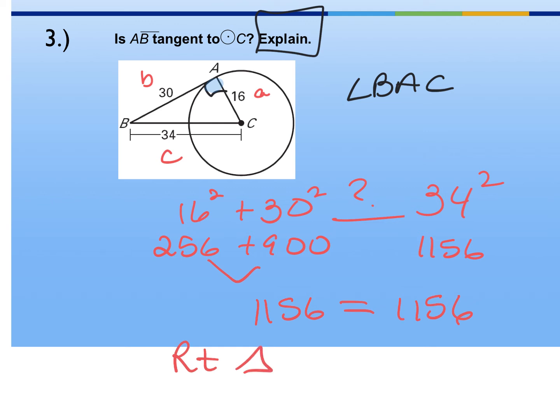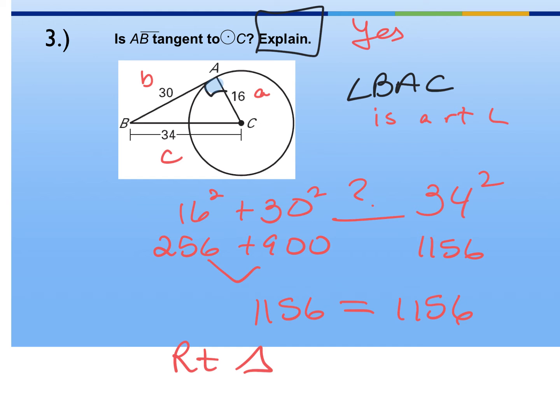So then that would mean that angle BAC is a right angle. So AB is tangent. This would be yes. And your explanation could be showing me all this work. So you need to show and prove that it's a right angle by showing that it satisfies the Pythagorean theorem.